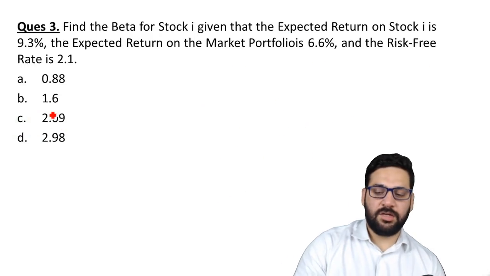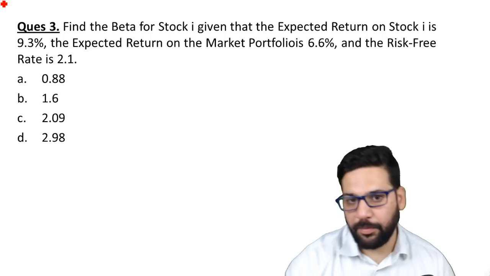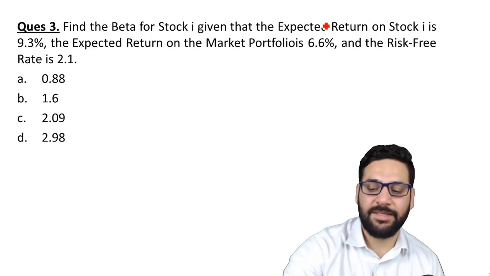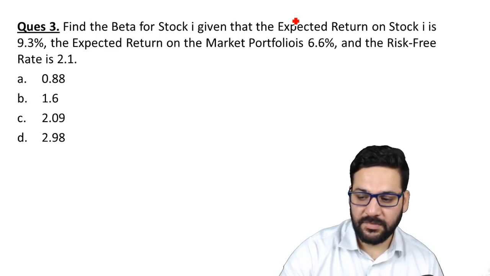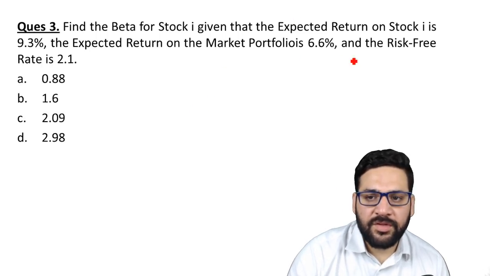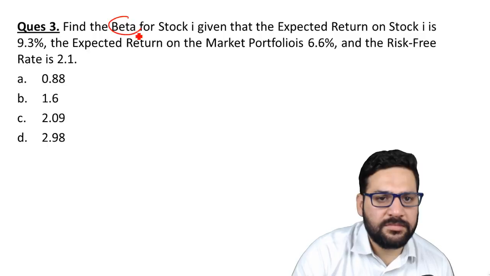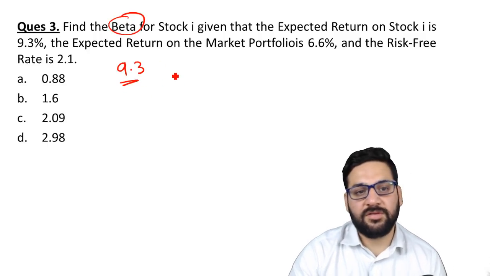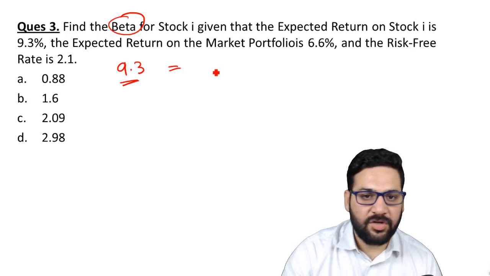So let's do the third question, an important question. Find the beta for stock I given the expected return on the stock is 9.3. First of all, you need to find beta, right? So simple. 9.3 is the return of the stock. Beta is not available.